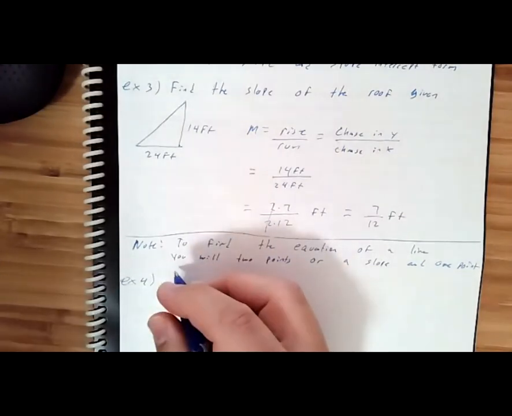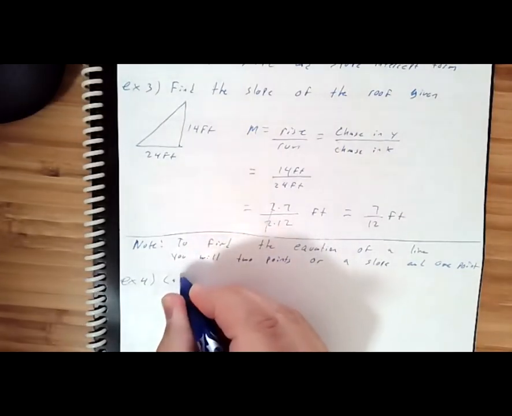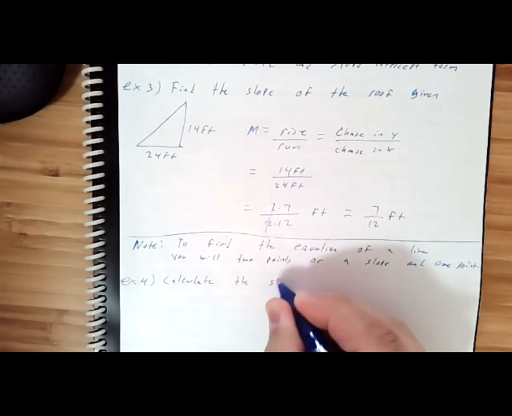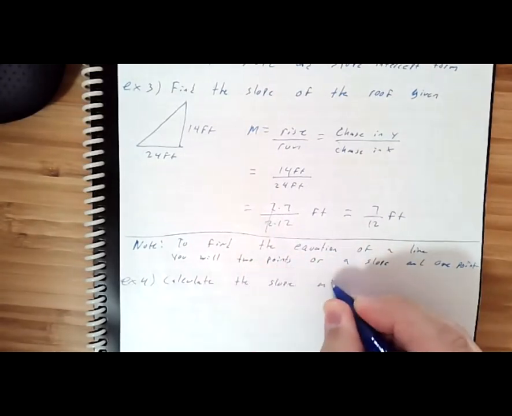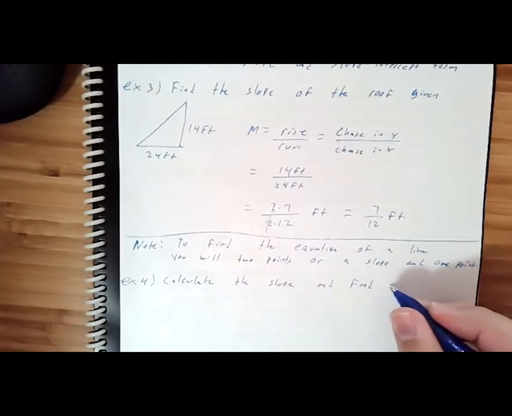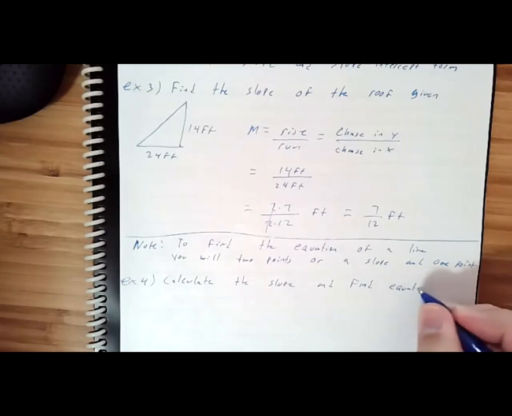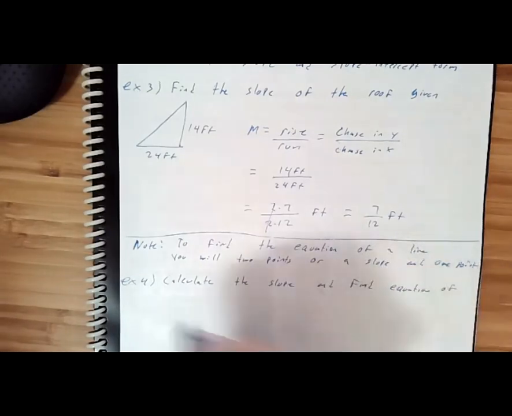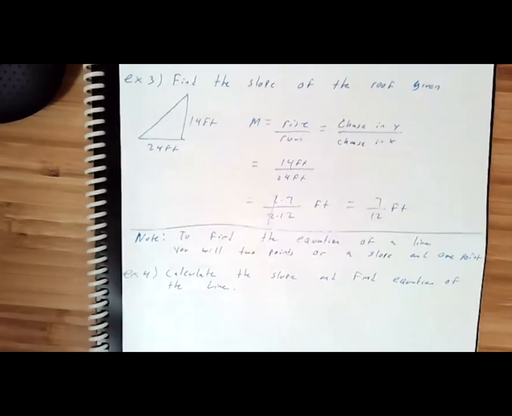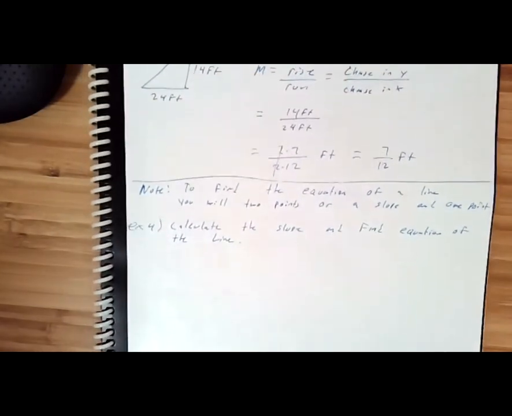Example 4. Calculate the slope and find the equation of the line. So I'm going to add an extra step here, in case it comes up in your homework. I'm sure it's going to come up later.